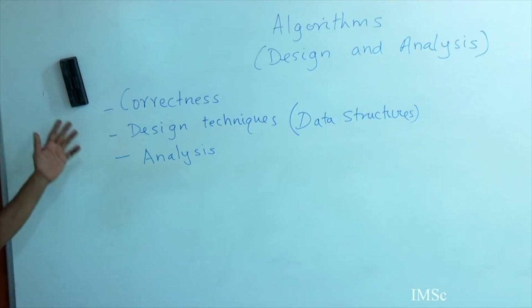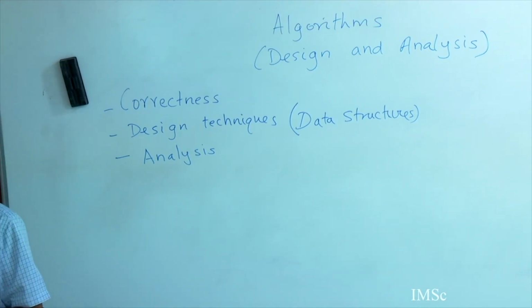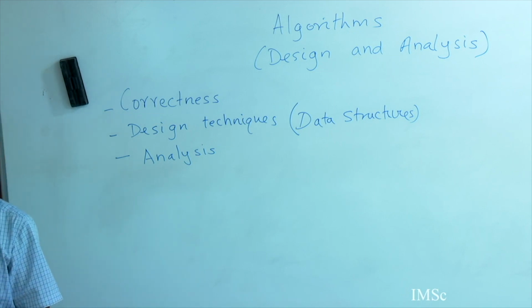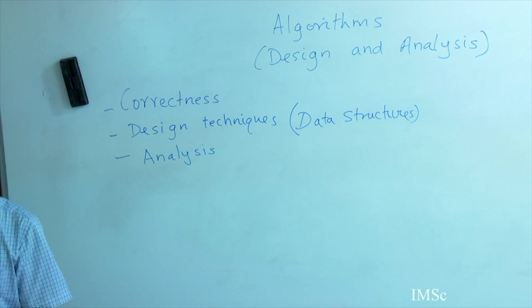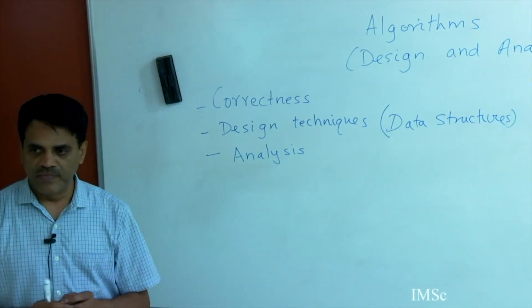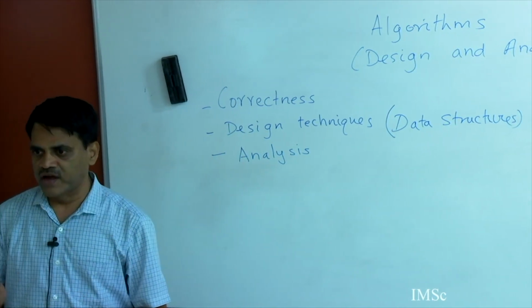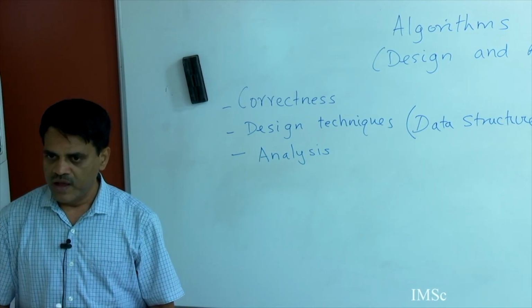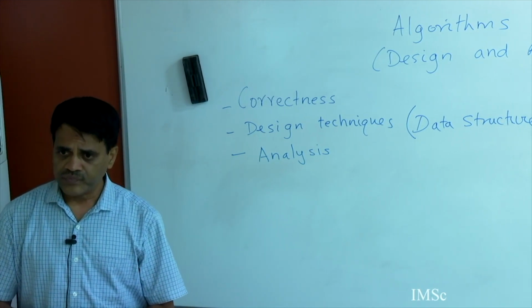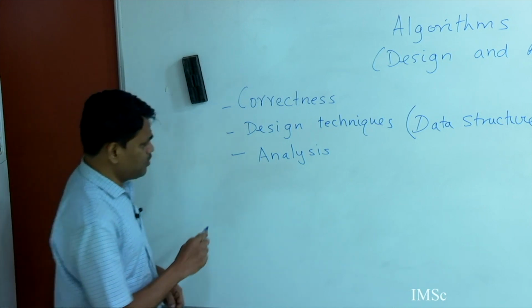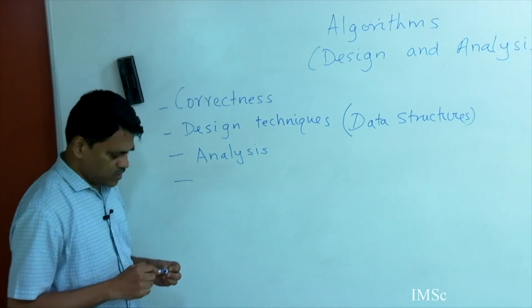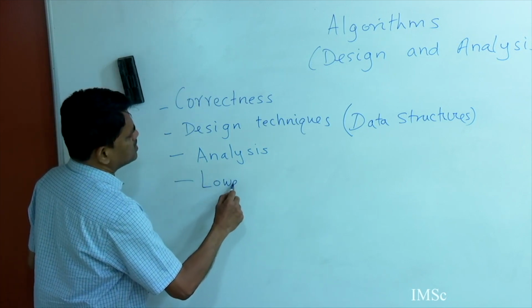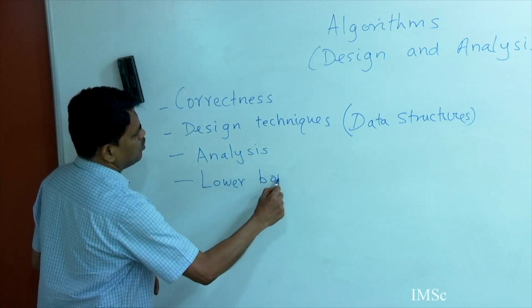So we'll look at some basic classical algorithms for sorting, searching, selection, some basic graph algorithms, and we will learn some algorithmic techniques like divide and conquer, dynamic programming, greedy, and some others. And one other thing which is important is that you need to know whether you've reached your limit on designing your efficient algorithm, right?